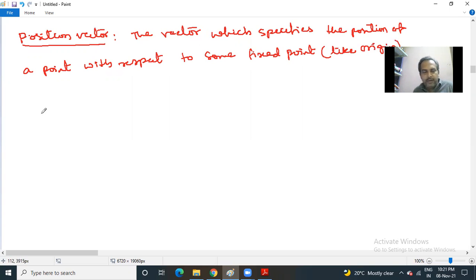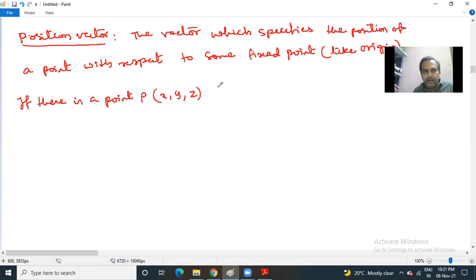So suppose, for example, let us say if there is a point P, so at this point there might be even a particle. So the coordinates are x comma y comma z. So position of the point from x-axis, y-axis and z-axis like this.